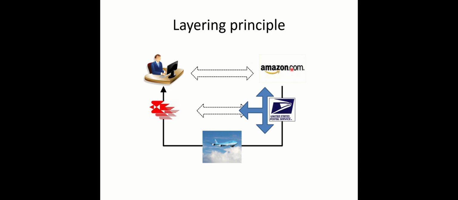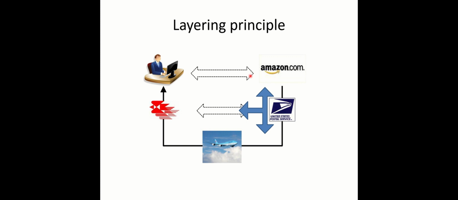Otherwise, Amazon would have to deliver it all the way to, say, LA airport, and then use its own airplanes to cross the Pacific Ocean and drive some truck to my place, okay? But that's not possible. Amazon cannot do all those things by itself. So that's why it relies on some kind of service. And again, USPS relies on another service, okay?